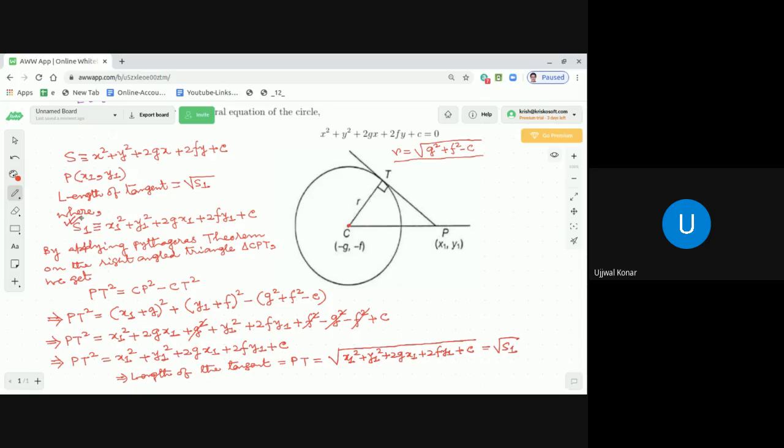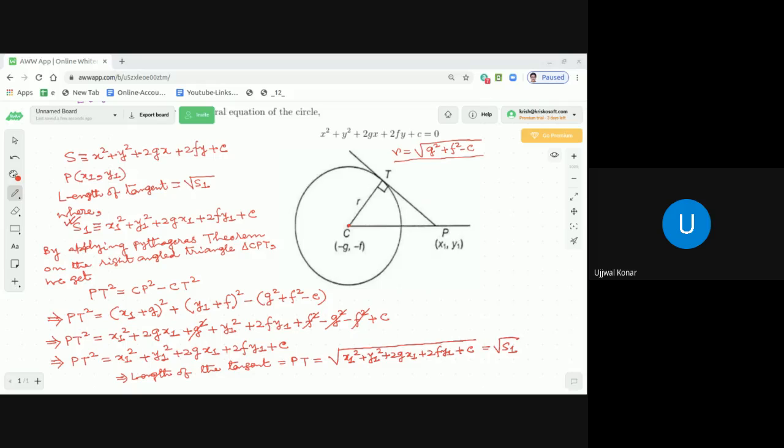So this is the way we find the length of the tangent. Correct, dear students? Now let us together solve one question related to the length of the tangent. And before proceeding, let me tell you the method of finding the length of the tangent.